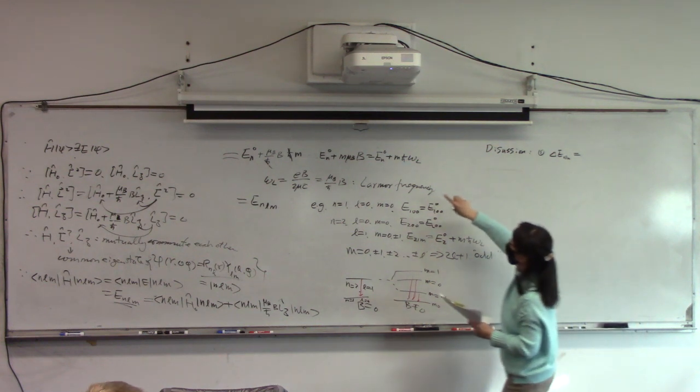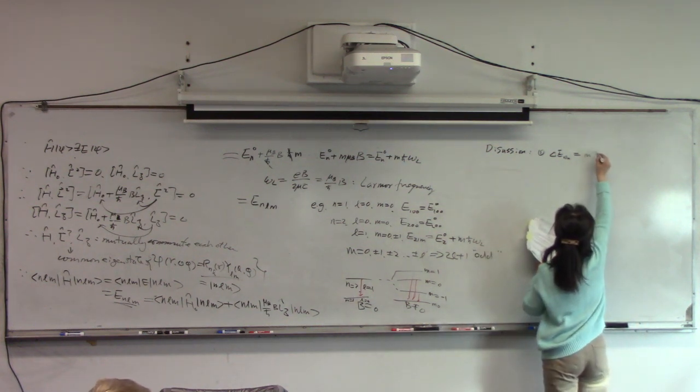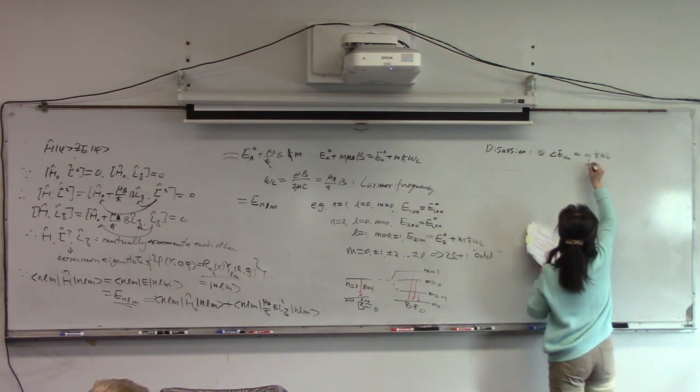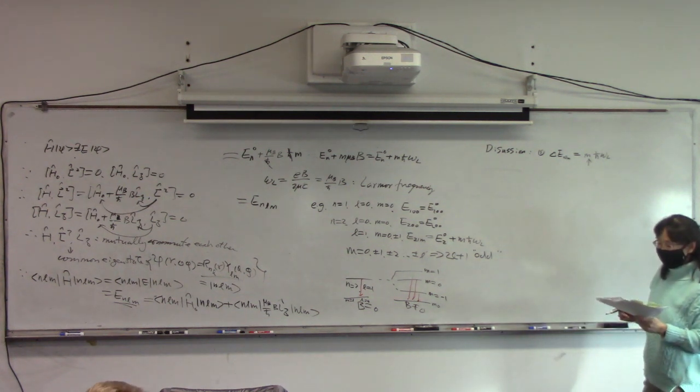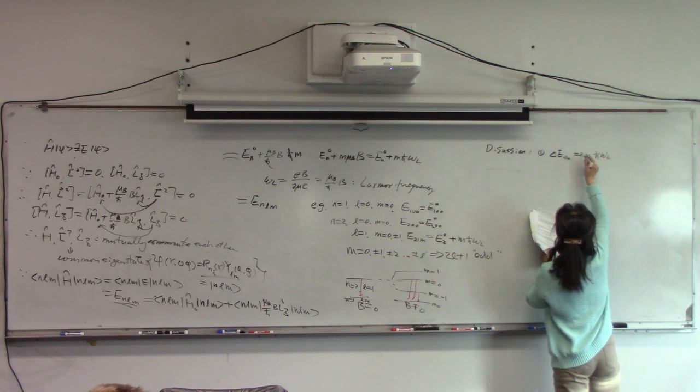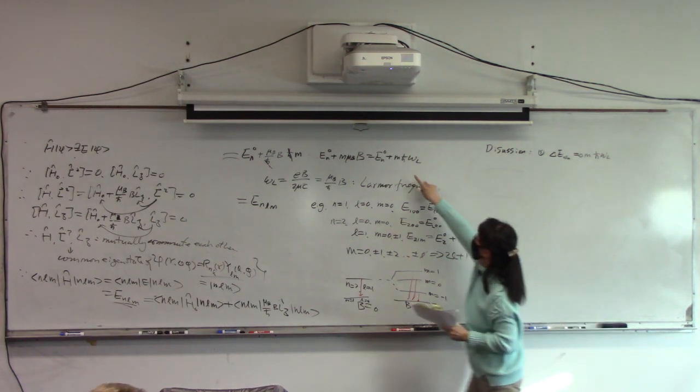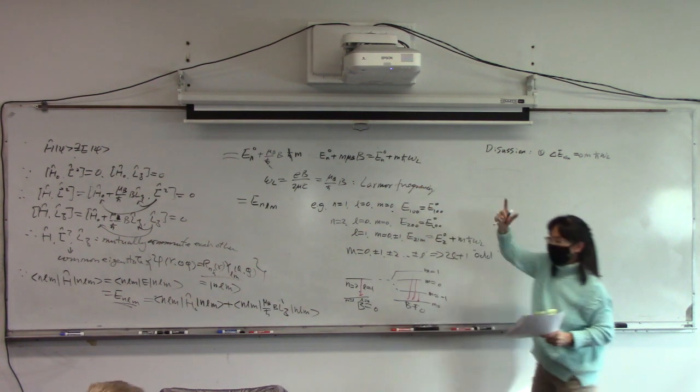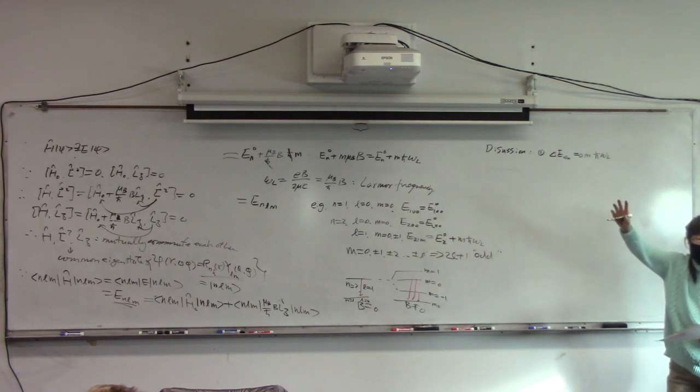For the same n, the only difference is m h bar omega L. So it only depends on this one, right? Sorry, delta m. Because the difference is between m and its neighbors, right?